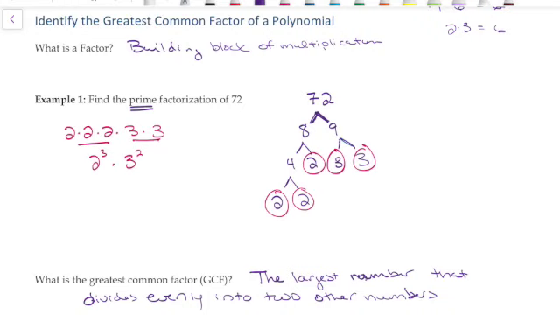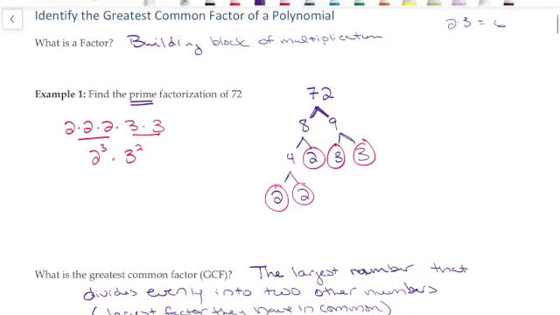In other words, it is the largest factor they have in common. Okay, I often try to help translate these definitions into English that sounds a little bit nicer. The largest factor they have in common.